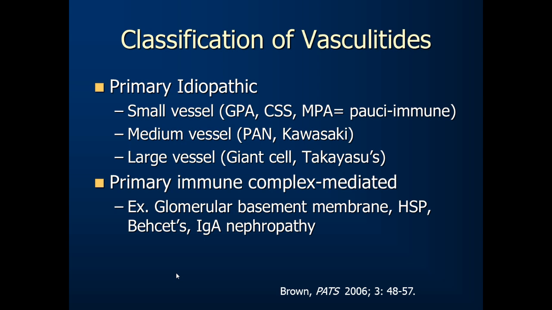I used to get, and I still probably do get, a little confused by how we classify these. The overview way of classifying it is looking at primary idiopathic and primary immune complex mediated, and then secondaries. So we're looking at the pauci-immune or primary idiopathic vasculitides.